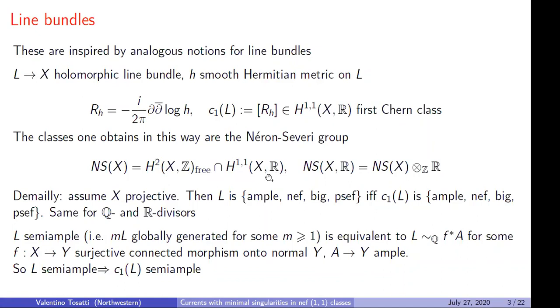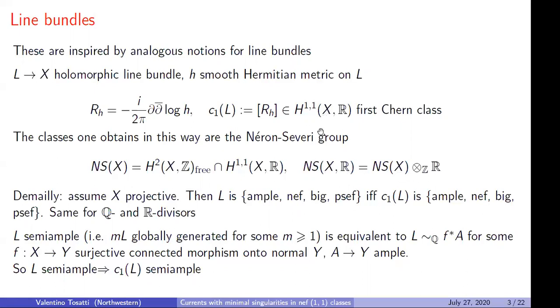So this intersection is done inside H^2(X,R). Sorry, I should really put complex coefficients here, but I only care about the real part. So the real Néron-Severi group, you just take the Néron-Severi group and tensor by R over the integers. If X is projective, it is actually the space of numerical equivalence classes of R-divisors. So NS is the Chern classes of line bundles, and these can be thought of as Chern classes of R-divisors.